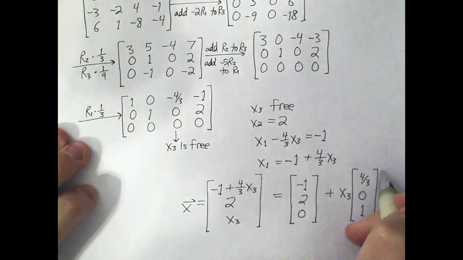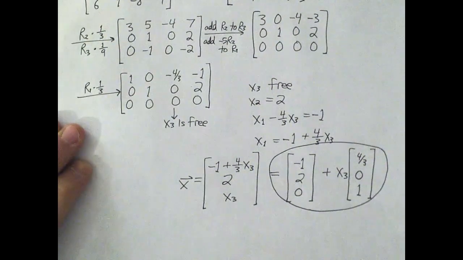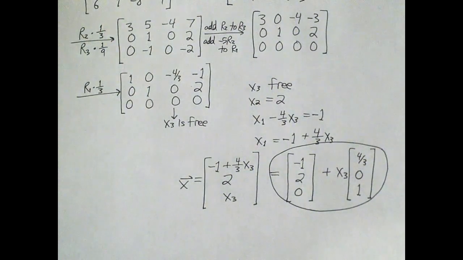I'm going to circle this. This is my parametric vector form. I think this is the third time today that we've written an answer in parametric vector form. And you know how when we write these, usually I've been writing on the bottom, for all x in R, like for all x in the set of real numbers. You could write that if you want, or you could leave that out.